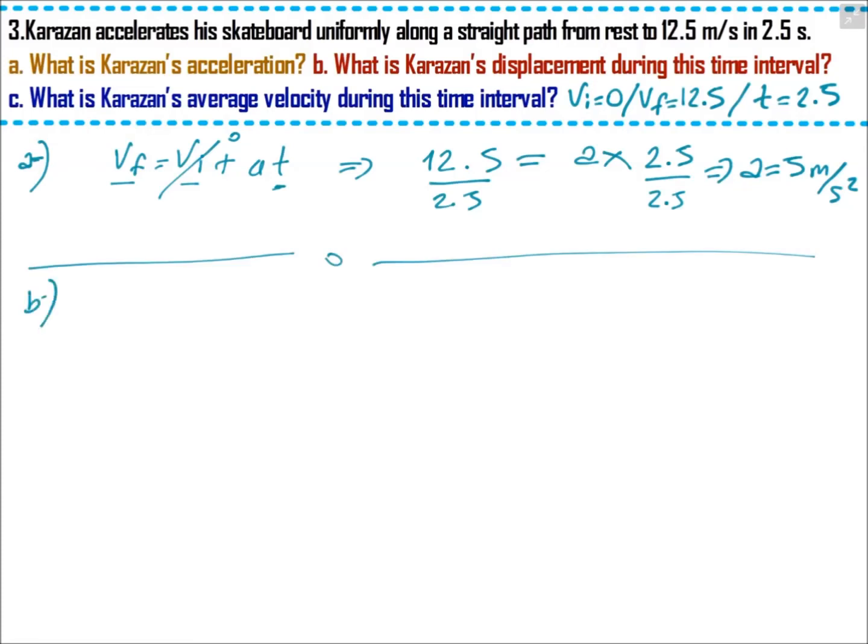And for the B, it's asking what is the Karazhan displacement. So it's asking displacement. For displacement, I have directly two rules. The one which is x equals half v initial plus v final multiplied by the time. I have to check this.